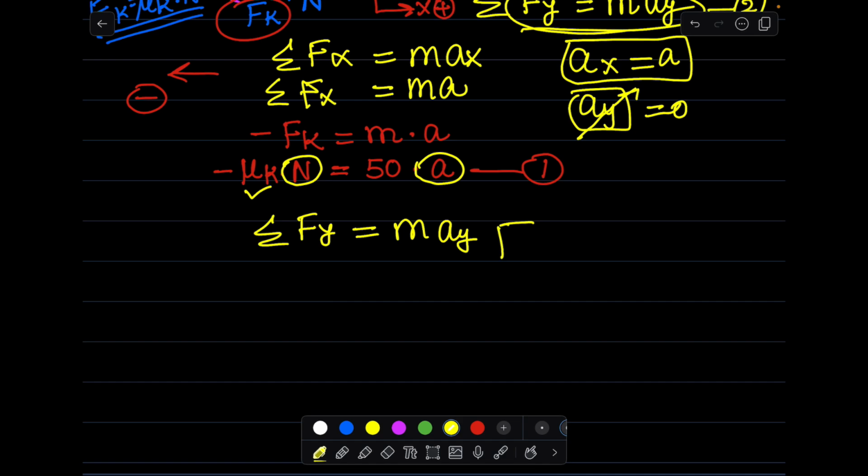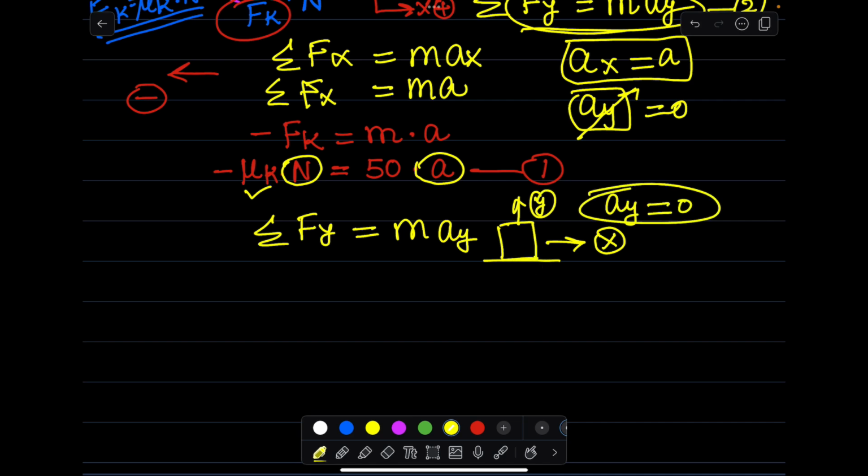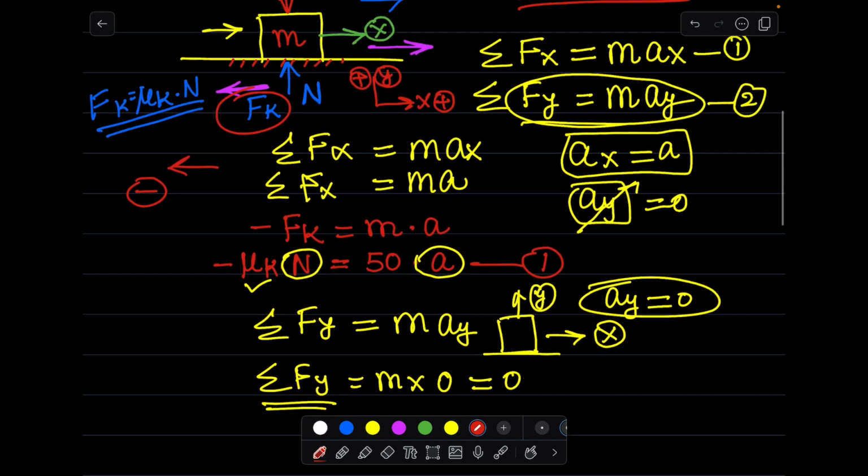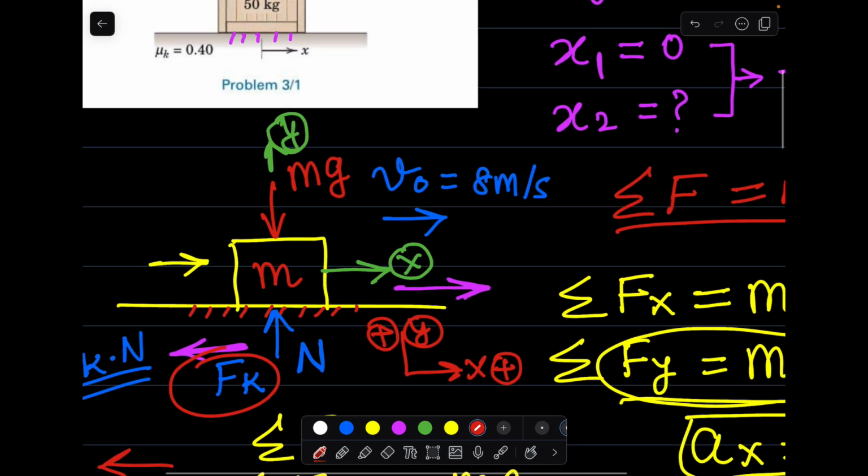Guys, if we see the picture, the free body diagram, we see that body is moving in x direction only. In y direction there is no motion, so acceleration ay is 0. Okay, so this is clear. So we can say that Fy is equal to m multiplied by ay, which is 0, so Fy is equal to 0. Let's see what are the forces working in y direction. So let's go back to the free body diagram, and here you see that there are two forces.